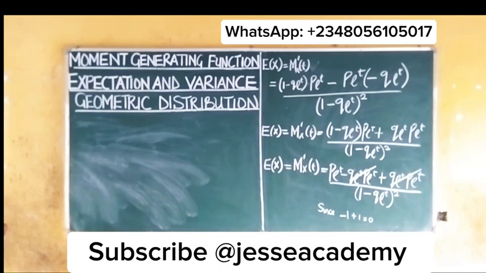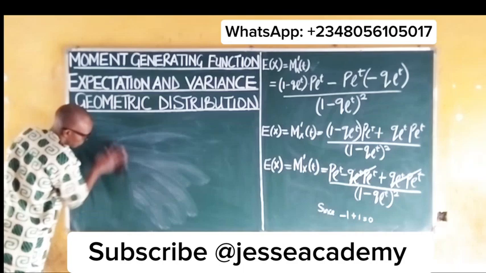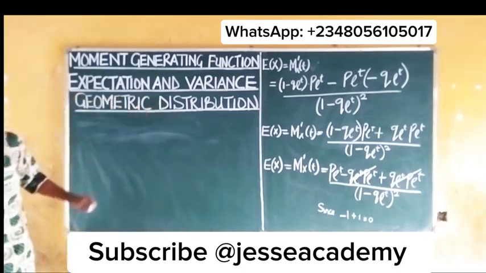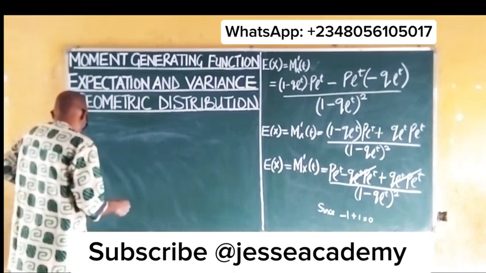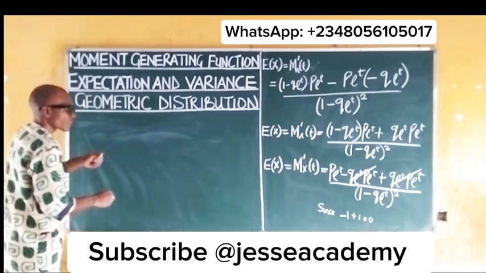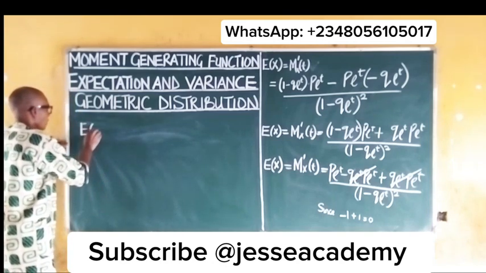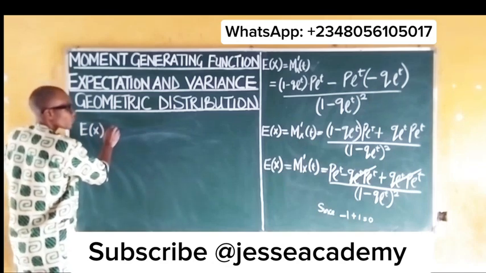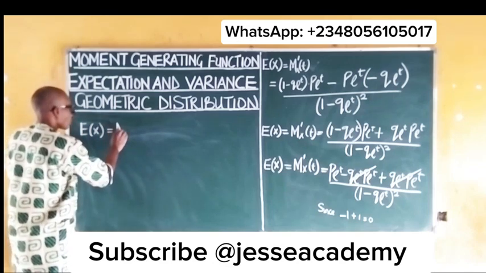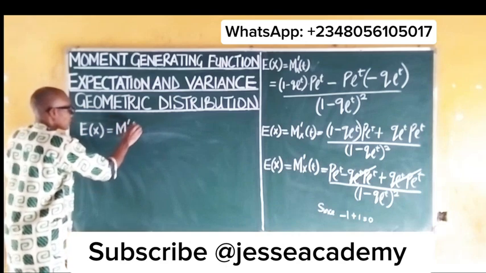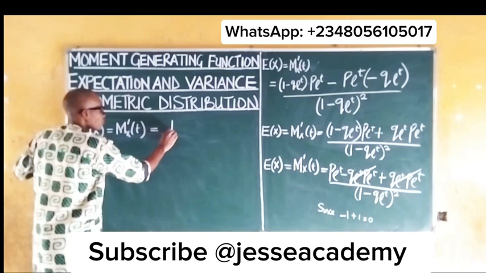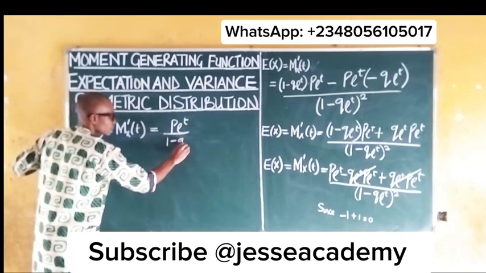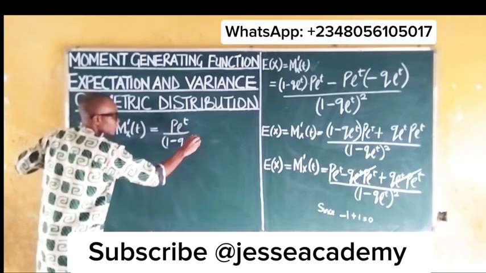So to get our expected value of x, the first derivative of the moment generating function is equal to pe^t all over 1 minus qe^t all squared.